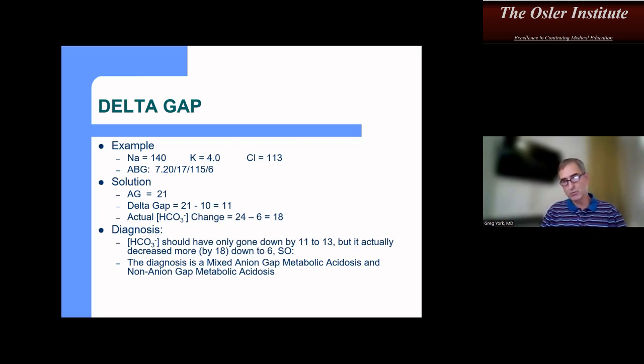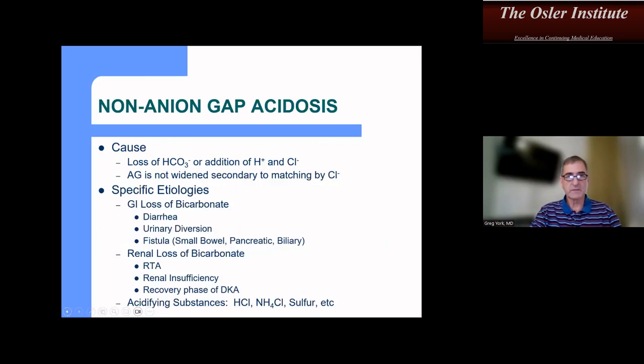If that is true, that'd be a straight anion gap acidosis. But it didn't. It dropped down to 6. So the interpretation tells me that I lost more bicarb than I expected. And so the loss of bicarb is what defines a non-anion gap acidosis, loss of bicarb.